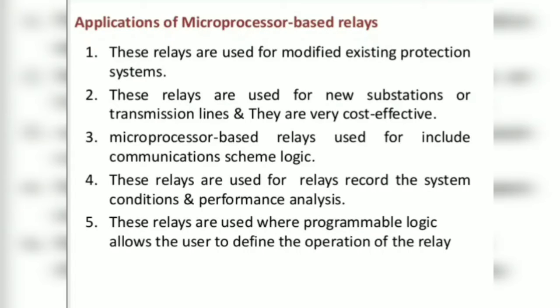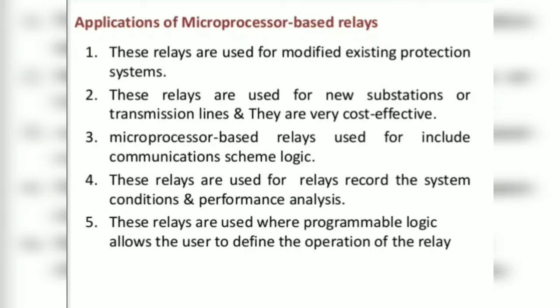So in the microprocessor there is a memory slot, so we can attach a memory and all the records of the relay we can optimize, analyze, and we can modify our system as per the performance. These relays are used to record the system condition and perform analysis.